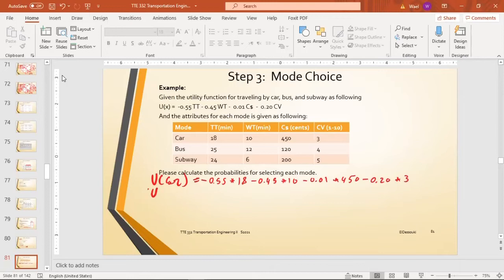U bus equals minus 0.55 multiply 25 minus 0.45 multiply 12. I would appreciate if someone does the calculations while I'm writing the equation. Minus 0.01 multiply 120 minus 0.2 multiply 4.